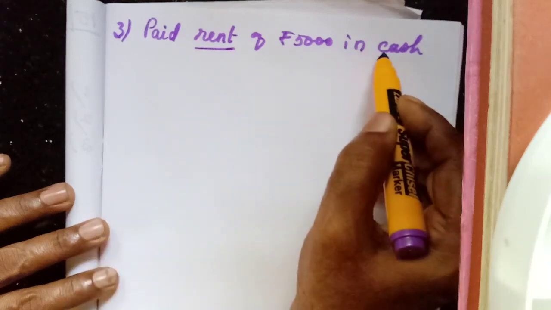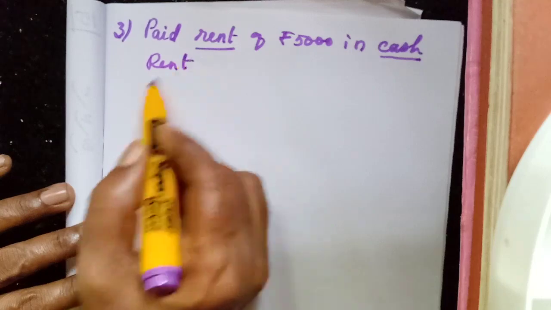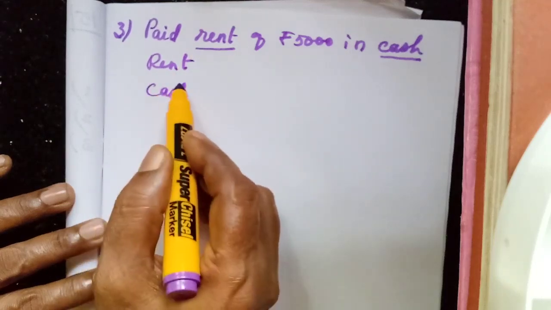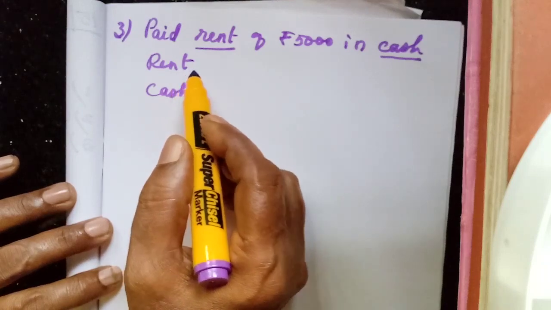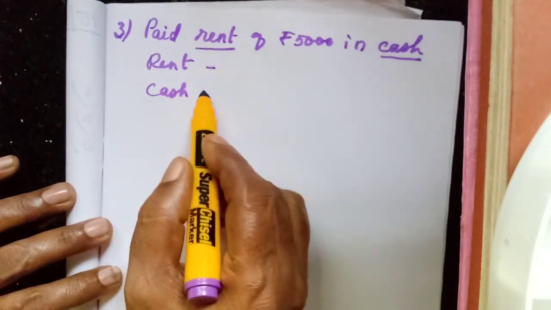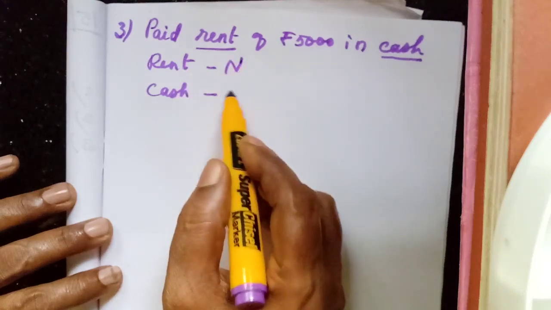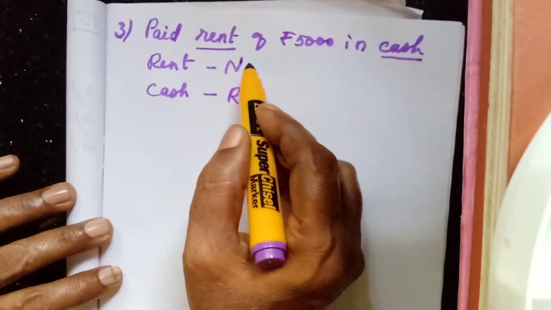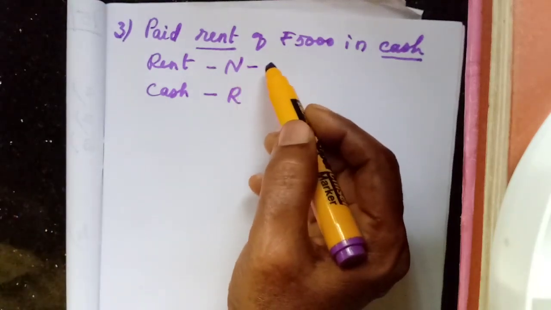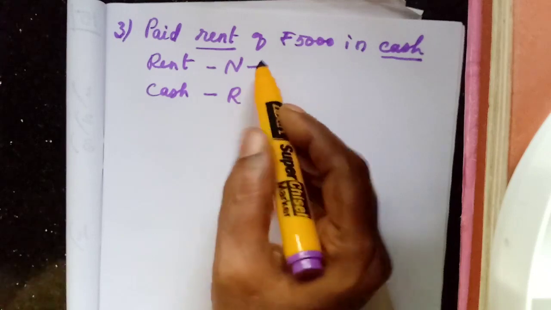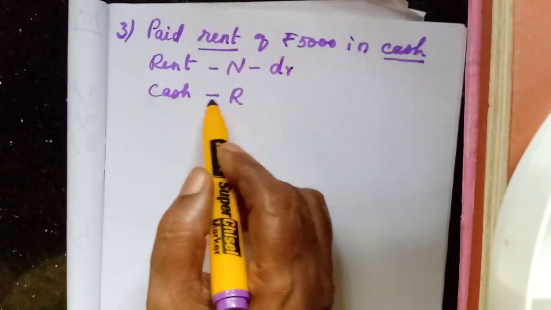Then we are paying cash, so accounts involved are two: rent and cash. Here rent account is a nominal account, cash account is a real account. For nominal, the rule is debit all expenses and losses. So this is an expense, so we should debit.